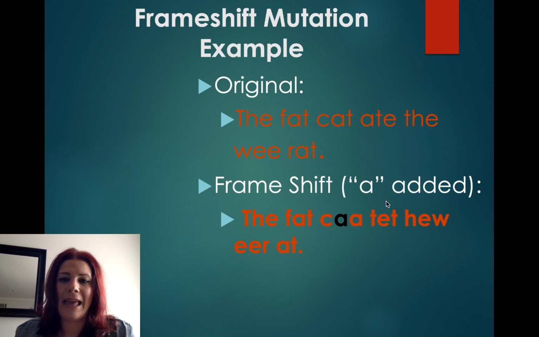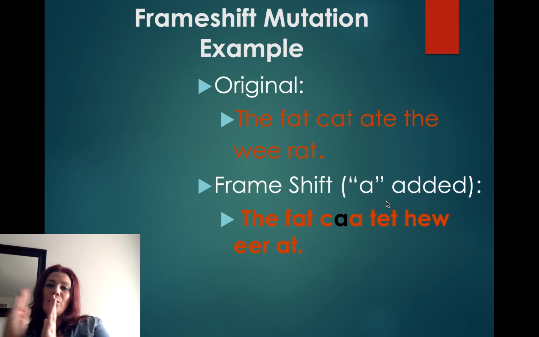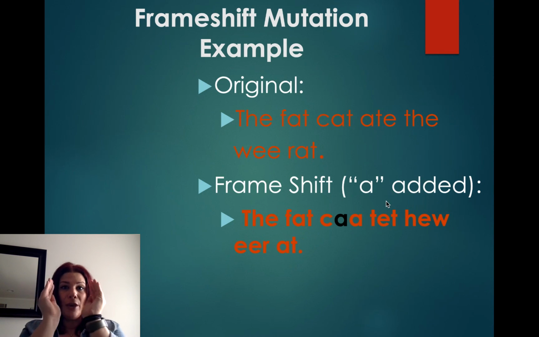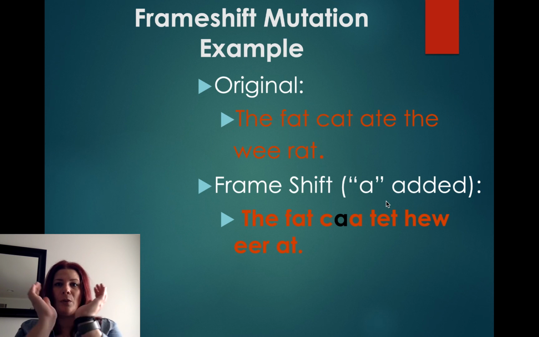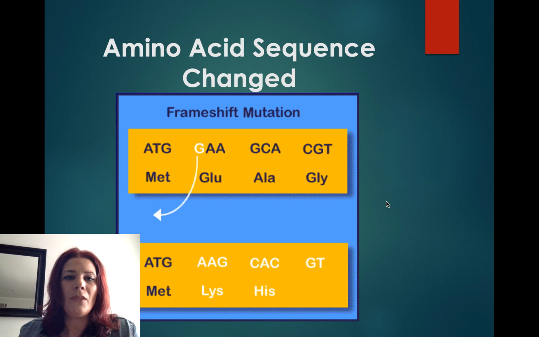The fat cat... So that moved how we read the sequence. Remember, a codon is 3 of those bases, right? A, T, C, or G. It's 3 of those, so we have to read 3 at a time. So it shifts everything down. Okay. Again, this is a frame shift mutation as well because we deleted that G that you see there.